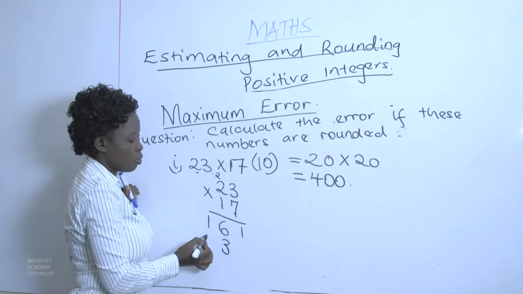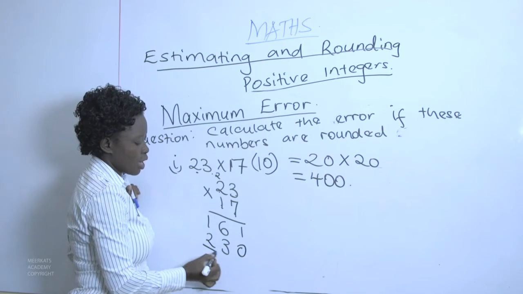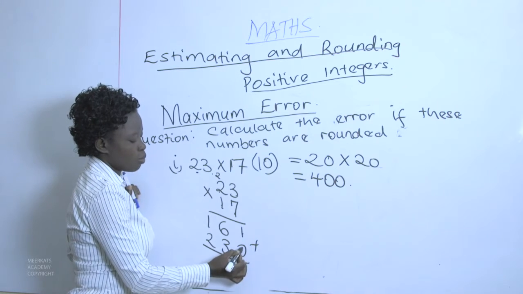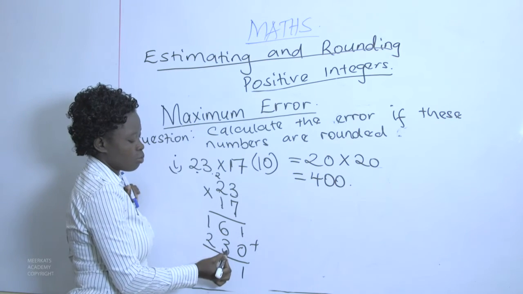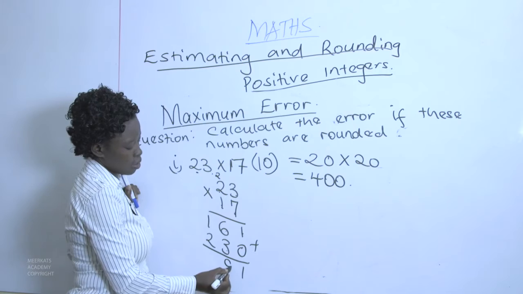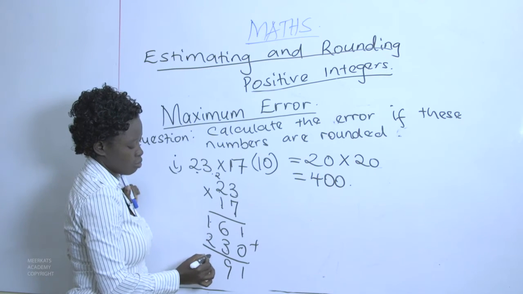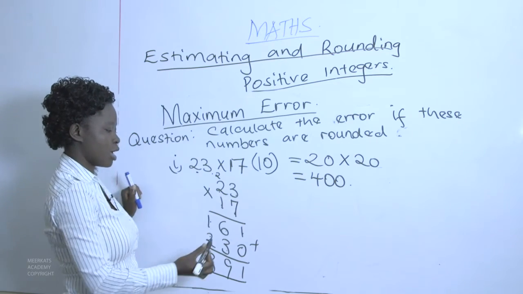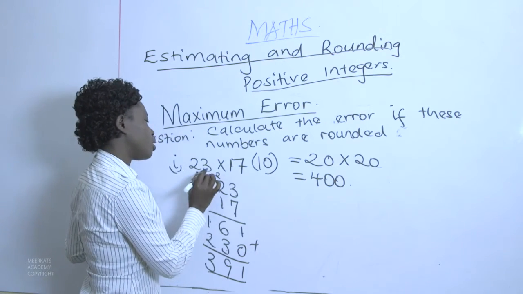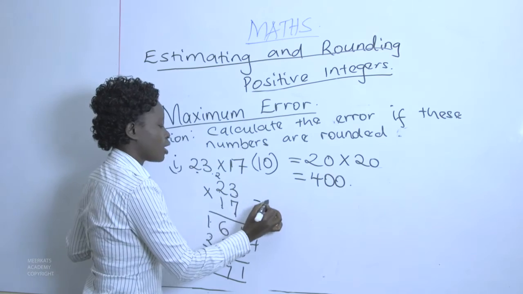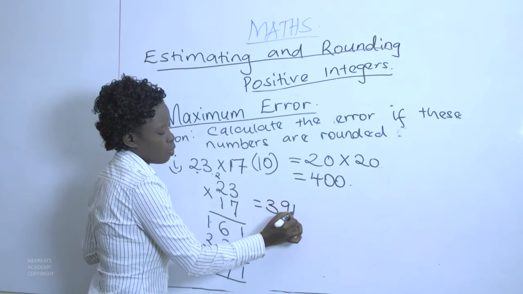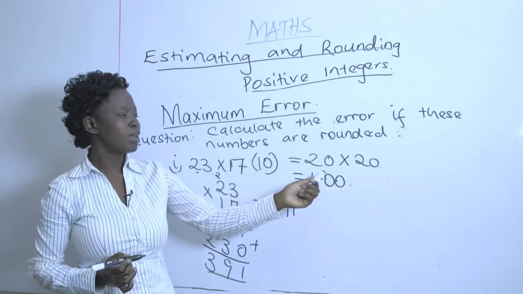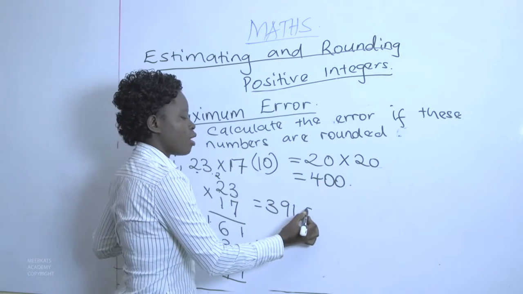Then 1 times 2, we get 2. So when we add, we have 1 plus 0, that is 1. 6 plus 3, that is 9. Then 1 plus 2, that is 3. So the original figure of 23 times 17 is 391. But the approximated figure is 400.